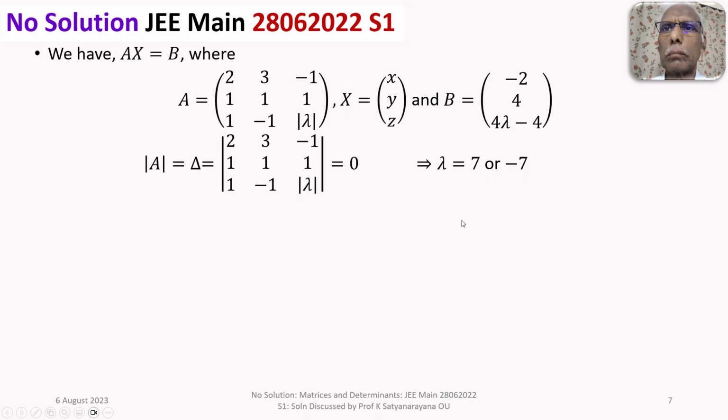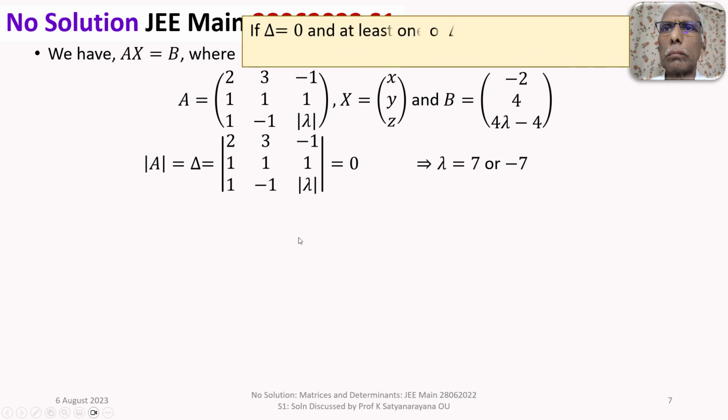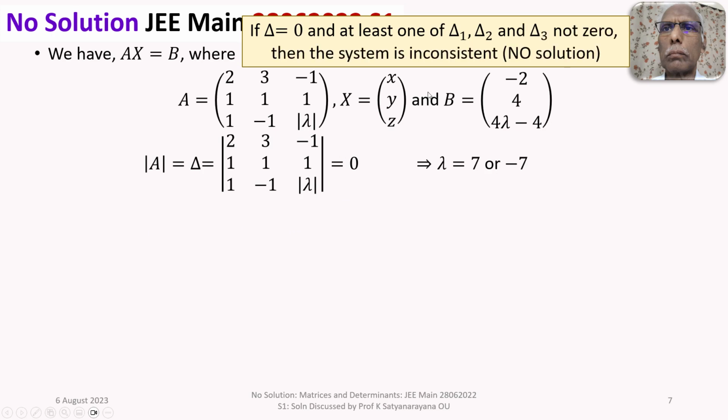So that's what we have done. Lambda is equal to 7 or minus 7. So for inconsistency, to have no solution, we have to see that at least one of delta 1, delta 2, delta 3 is not 0. We consider delta 3. Delta 3 is the same as delta, wherein the third column is replaced by the column vector B. Now we may ask a question, why not delta 1?